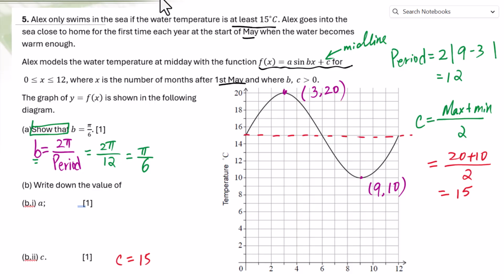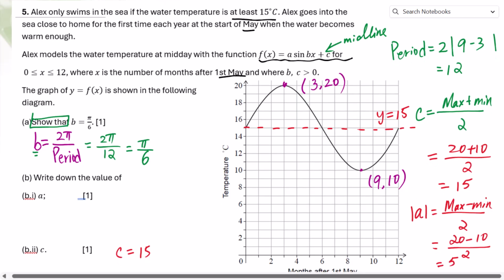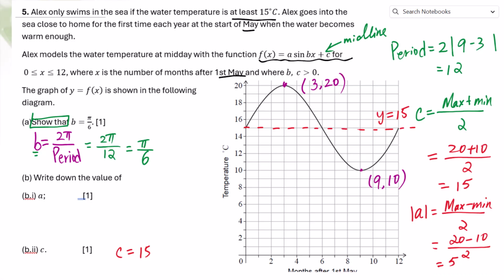This is the midline, y = 15. For the amplitude, |a| equals (maximum − minimum) over 2, which is (20 − 10) over 2 equals 5. We need to figure out the sign for this a.